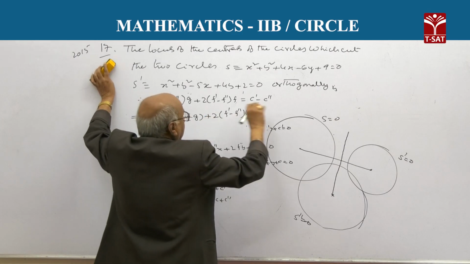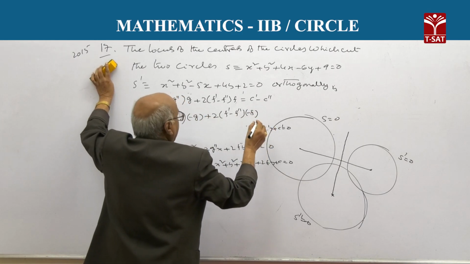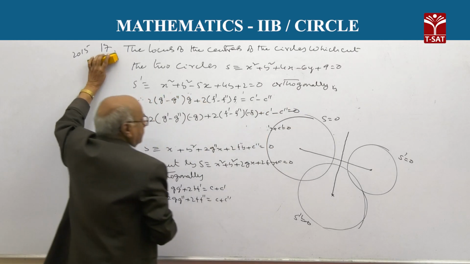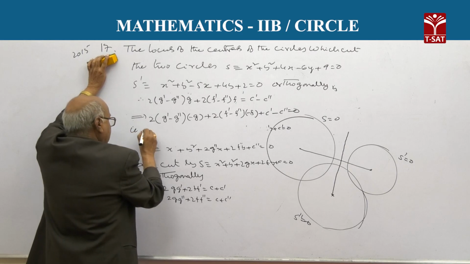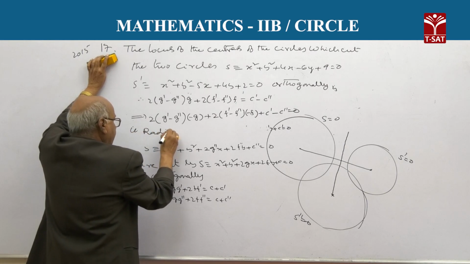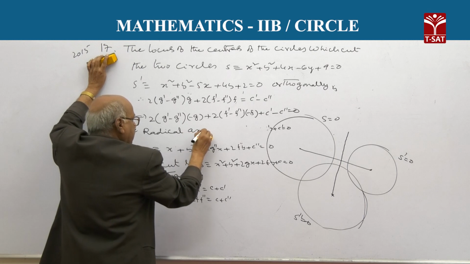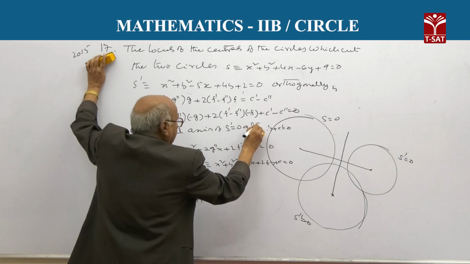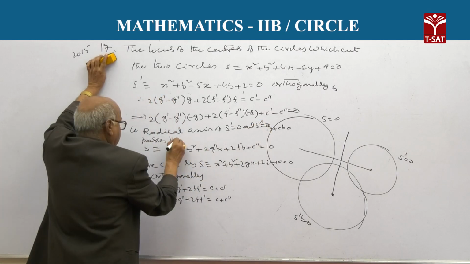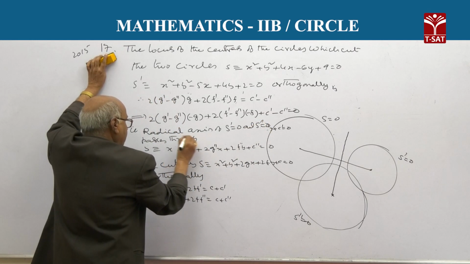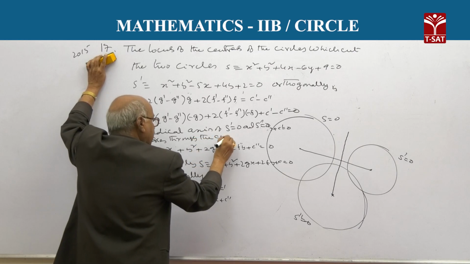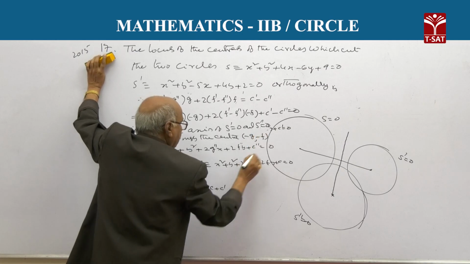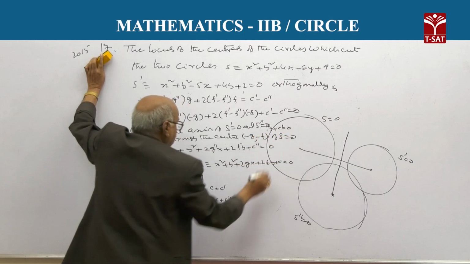If you bring it to the other side and multiply with the sign, then what you get is c' - c'' = 0. So that is the radical axis of S' = 0 and S'' = 0 passing through the center (-g, -f) of S = 0.